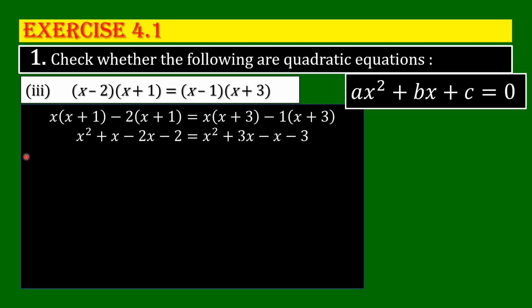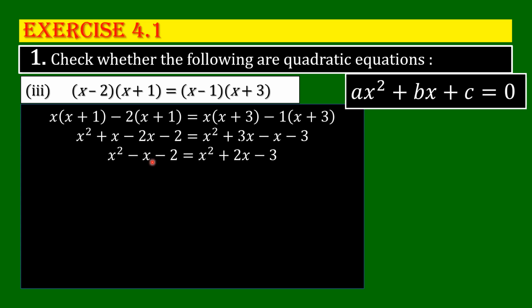So multiplying algebraic expressions, right? We multiply both sides, x with x minus 2, same here by x and minus 1. Then we open the brackets, we get x square plus x minus 2x minus 2, x square plus 3x minus x minus 3. And after all, we have to rearrange this, right?